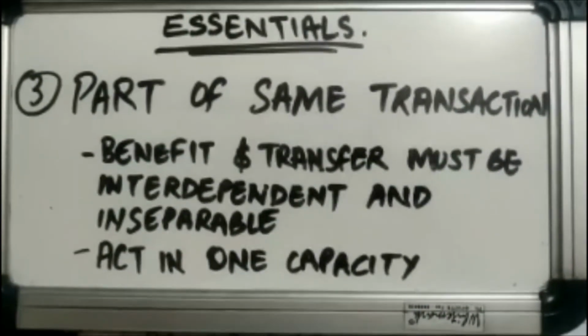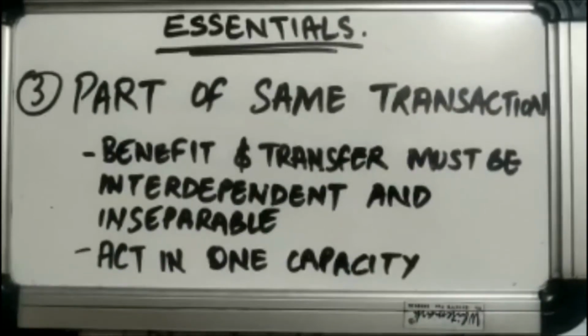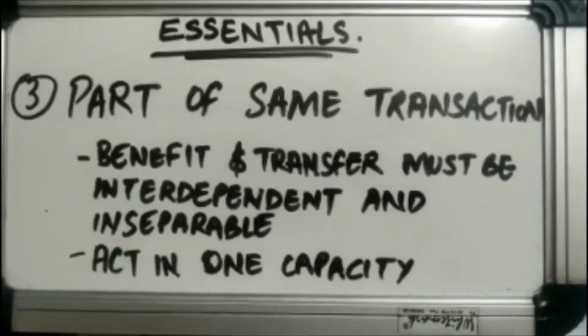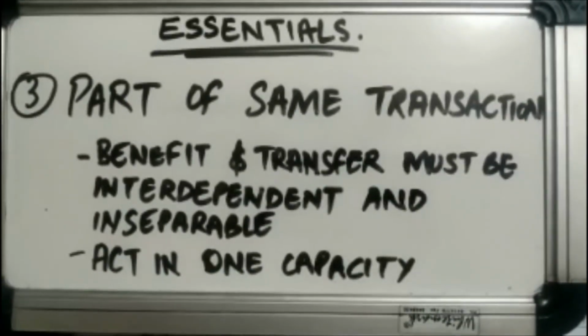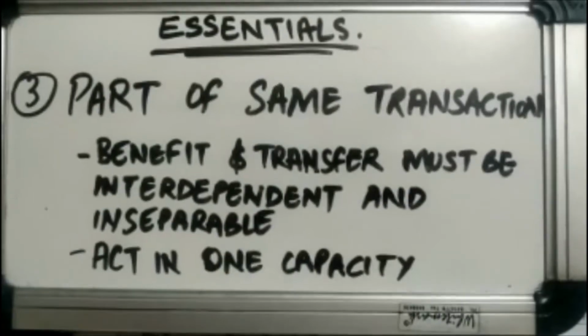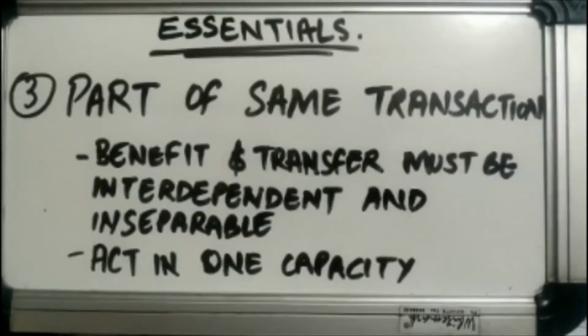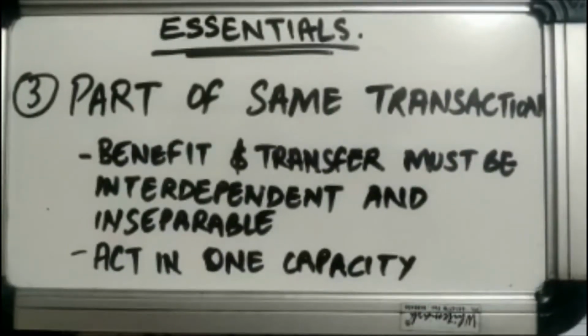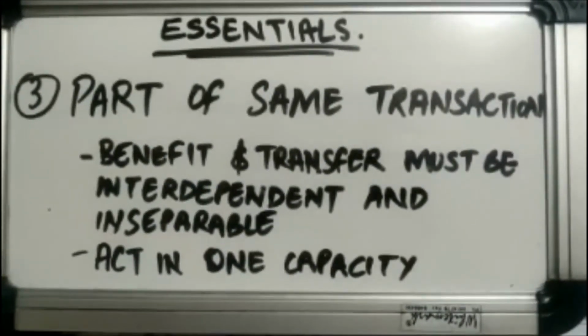Moreover, duty to elect arises only when a person acts in one and the same capacity. For example, if a person acts in two different capacities, one as the owner of the property and secondly as the guardian or trustee, here there is no election as he is acting in two different capacities.